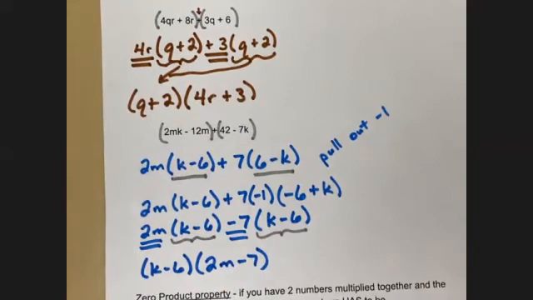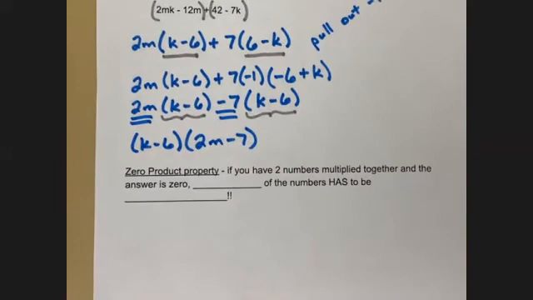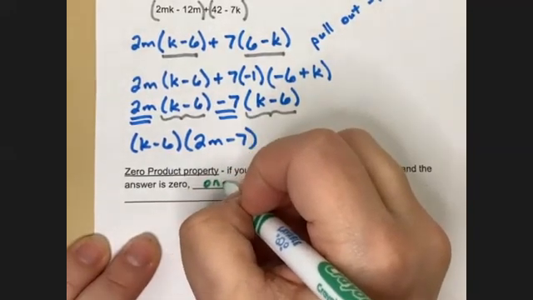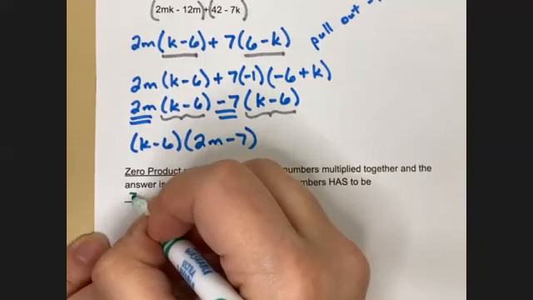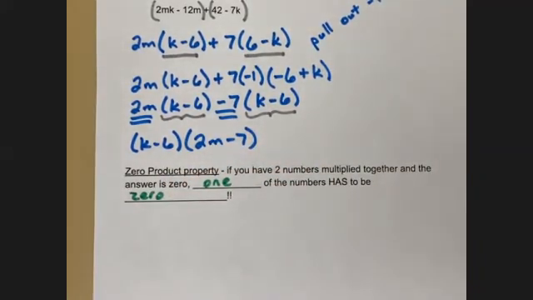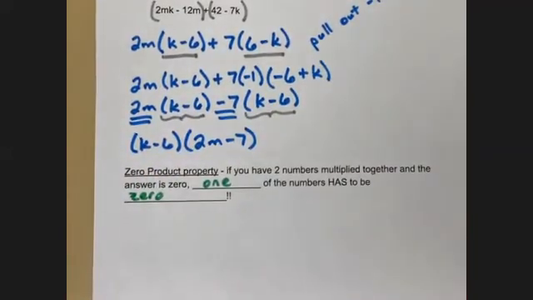Now, we're going to need to know the zero product property. Basically, it says if you have two numbers multiplied together and the answer is 0, one of the numbers has to be 0. The only way to get 0 as an answer to a multiplication problem is if you are multiplying by 0.